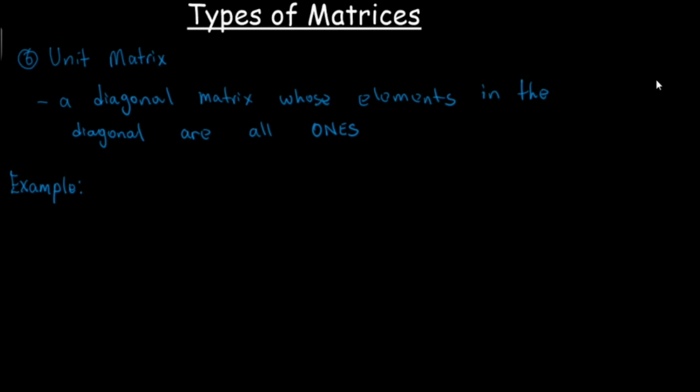The last type of matrix that we'll be looking at is called a unit matrix. A unit matrix is just a diagonal matrix where the elements in the leading diagonal are all 1. So if we have a matrix A with elements 1, 0, 0, 1, then this would be classified as a unit matrix. Why? Because the elements in the leading diagonal are all 1s, and we know that in a diagonal matrix, every other element is a 0.